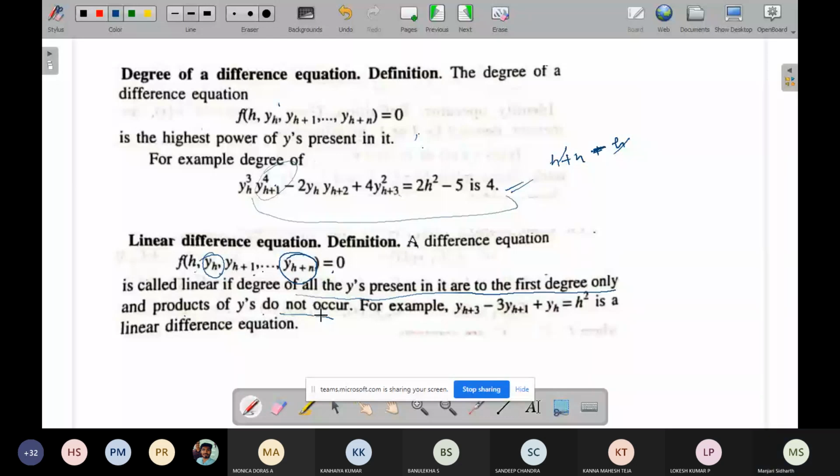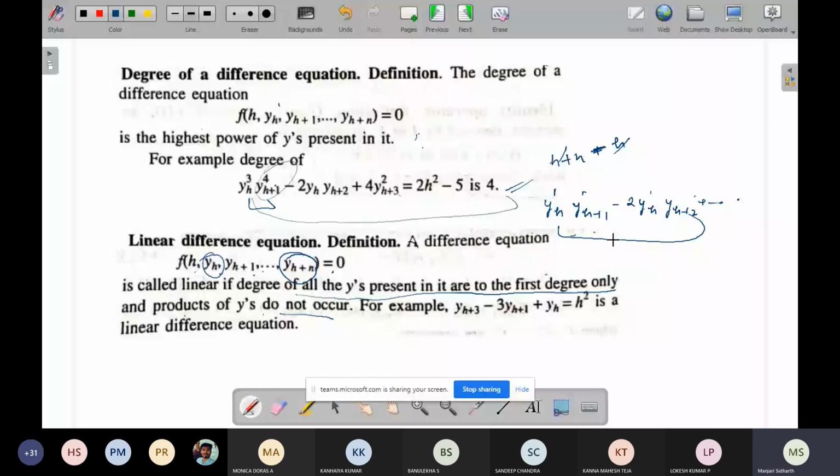Like in this, suppose you take the power here, y(h plus 1), like something. The power is 1 here, it is 1, it is 1. But there is a product also. So there should not be a product for it to be a linear difference equation. As simple as that. Like this: y(h plus 3), 3y and this.